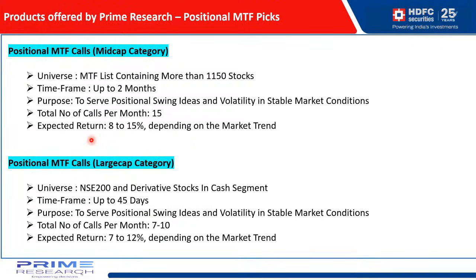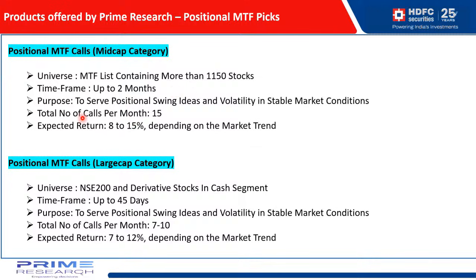Another product that we have been offering is the positional MTF ideas. When the market is in favor and the overall trend of the market is good, momentum is there, we are targeting aggressive returns in recommendations. So in positional MTFs, we have all the HSL 1100-plus stocks available in this particular universe. So we are keeping a time frame of 2 months there.